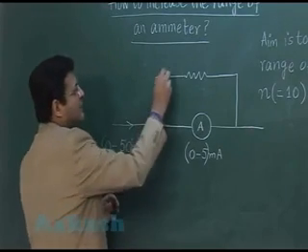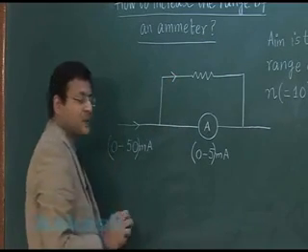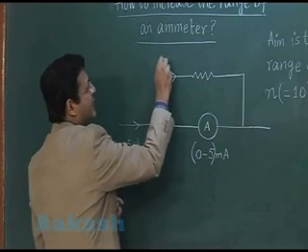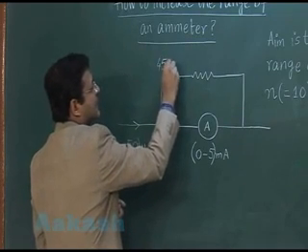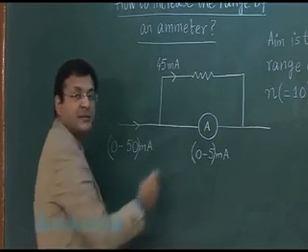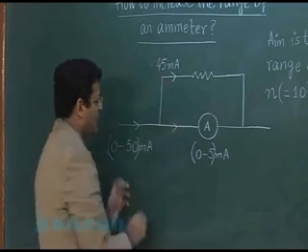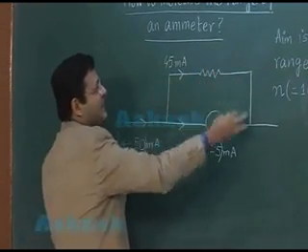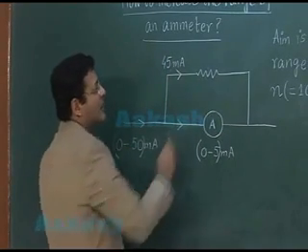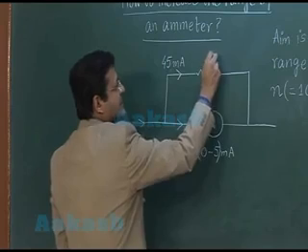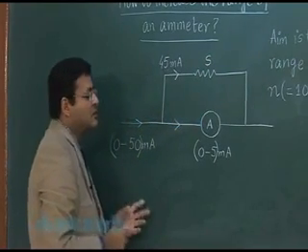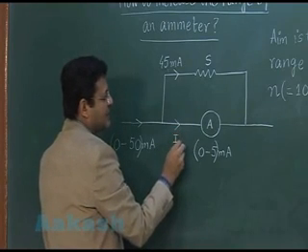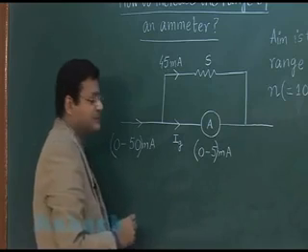Now, what will be the situation? Situation will be that whatever extra current is coming in, that is in this case 45 milliampere, isn't it? Say 5 milliampere at the most is coming here and 50 milliampere is the main current, then 45 milliampere has to be bypassed. Call this resistance to be S. It's a very small resistance. Now see, whatever is the current possible here is Ig.